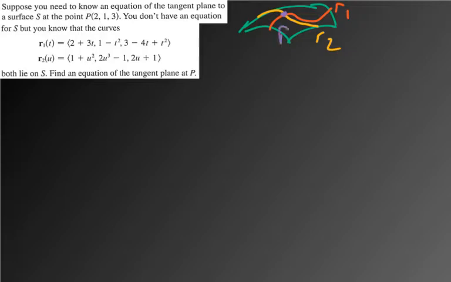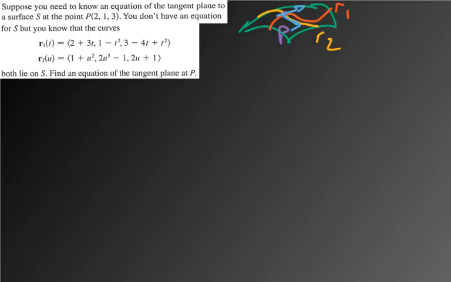This is my point P. What I can do is take tangent vectors to both curves at that point, and those represent direction vectors, and then I can pop those in and get an equation of the tangent plane. So that's what I'm going to do.